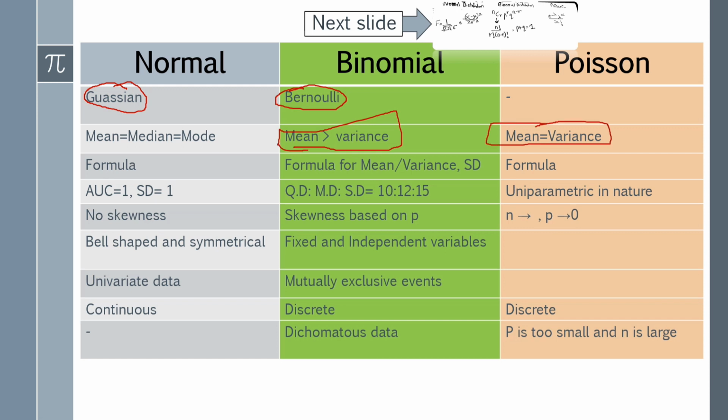In formula, there is a different formula for normal distribution. So here I am writing the formula. It is very important to write the formula when you are writing a short note. So y is equal to 1 upon square root of 2 pi into sigma, e raised to minus (x minus mu) the whole square upon 2 sigma square.